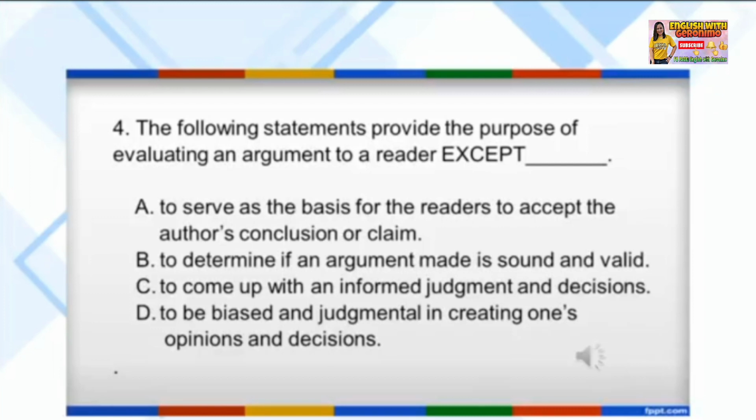The following statements provide the purpose of evaluating an argument to a reader, except A. To serve as the basis for the readers to accept the author's conclusion or claim. Letter B. To determine if an argument made is sound and valid. Letter C. To come up with an informed judgment and decisions. Letter D. To be biased and judgmental in creating one's opinions and decisions.